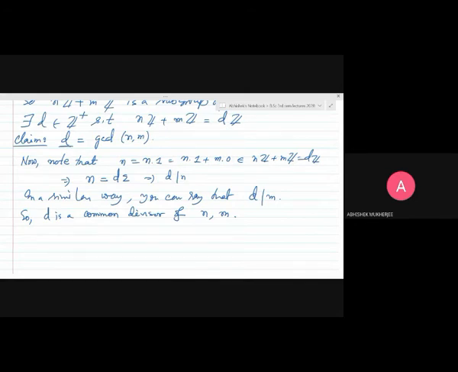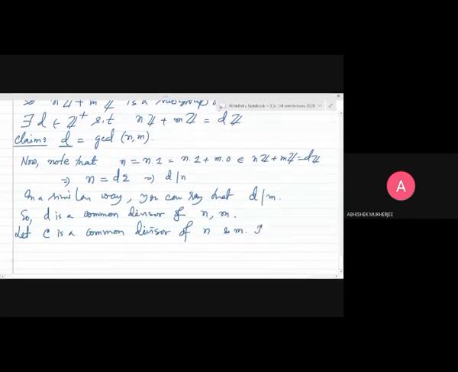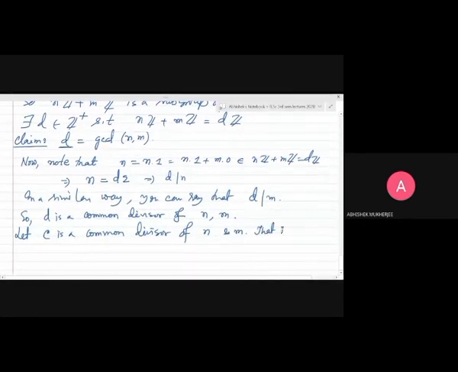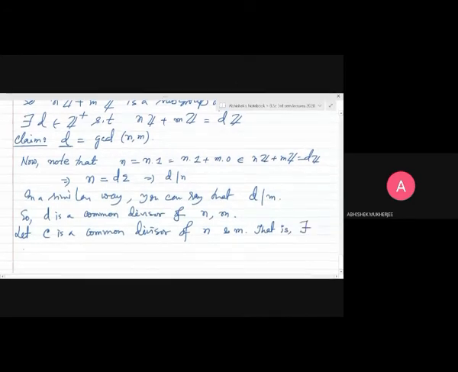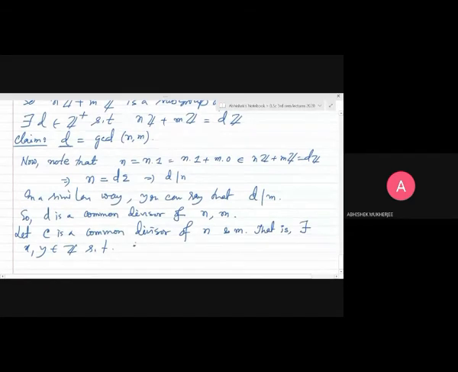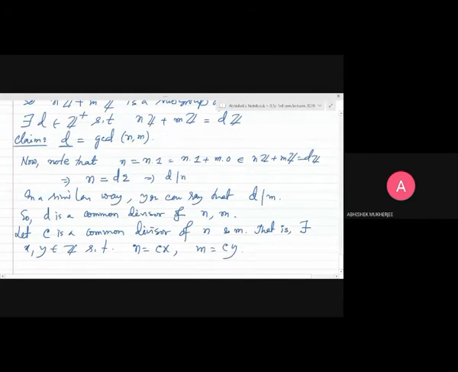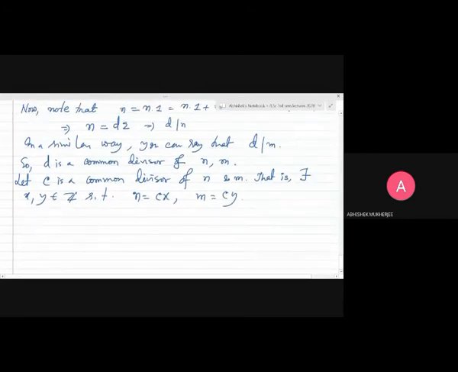Okay, so let c be a common divisor of n and m. That is, there exist x, y belonging to Z such that n equals cx, m equals cy, right?